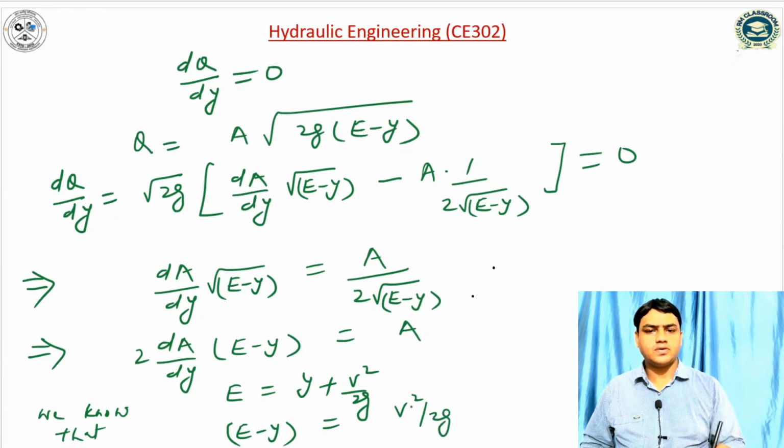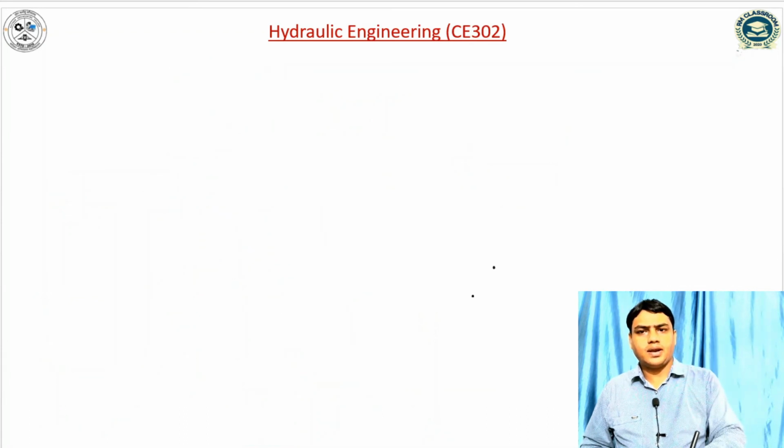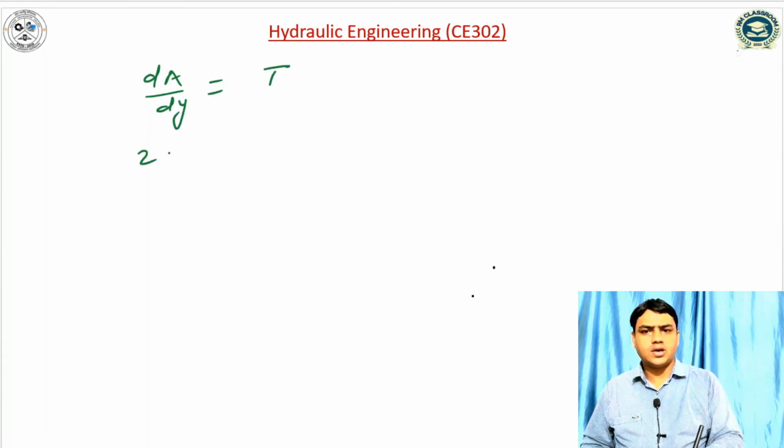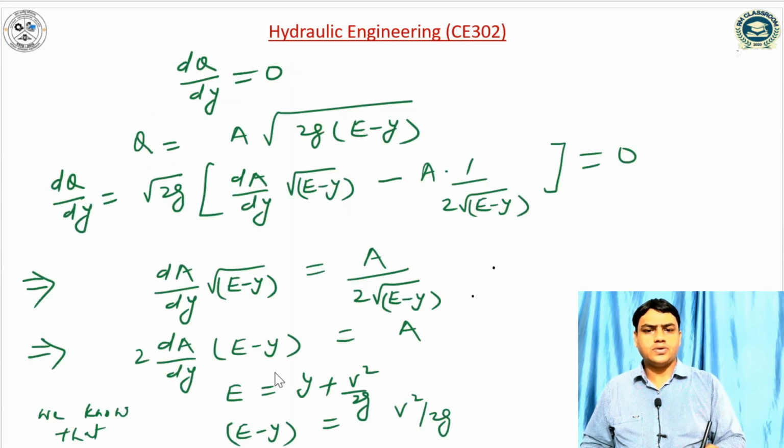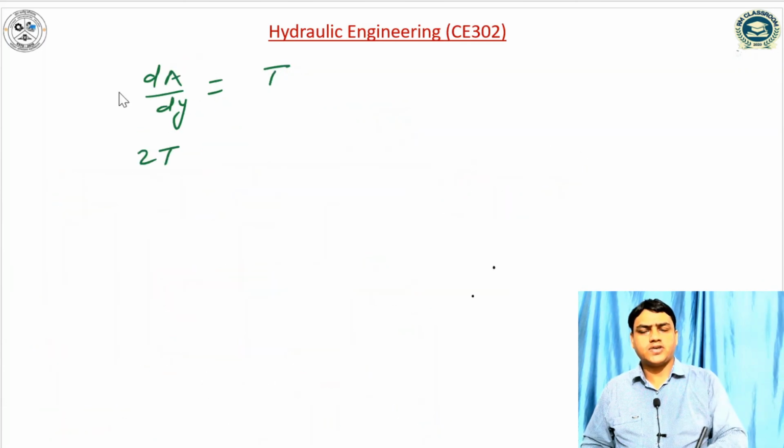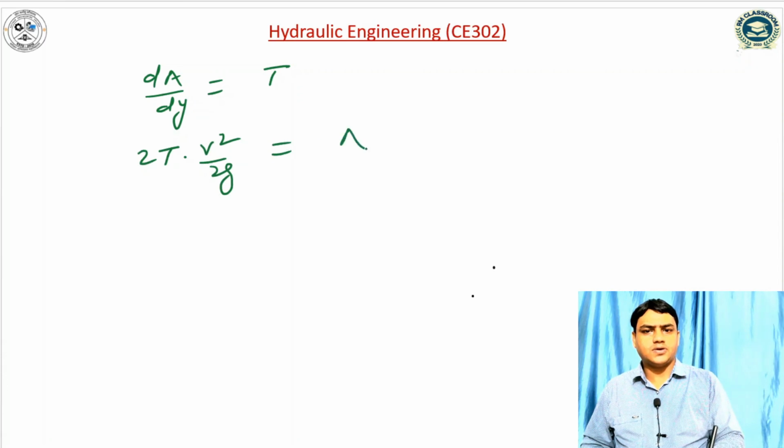Put the value of E minus y, and dA by dy is equal to top width T, so we can write 2 into T into v square by 2g is equal to A.